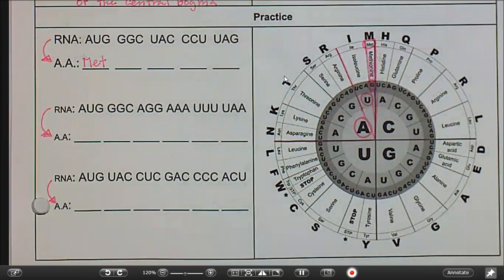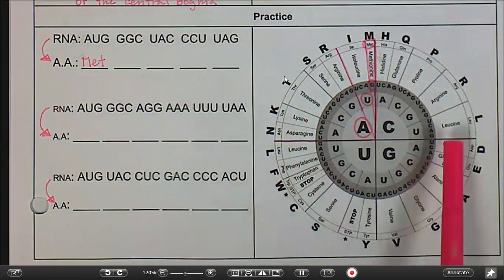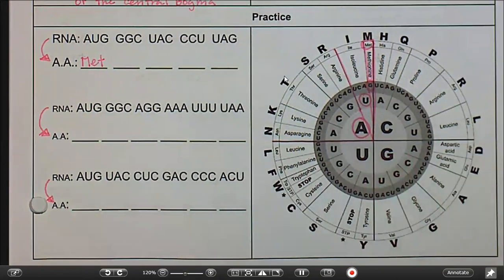There are 20 options for amino acids. And you'll notice that some of them are repeated on here, like leucine is on both sides. That's because you have this effect where 2 codons can code for the same amino acid, and that's just a fail-safe, and we'll talk about that more when we get to mutations.